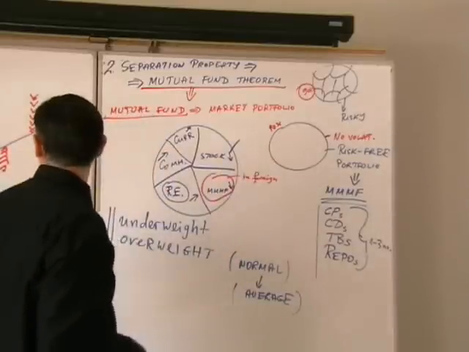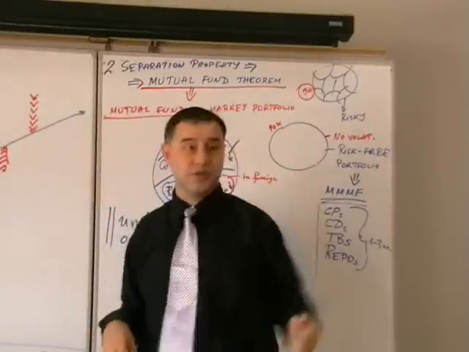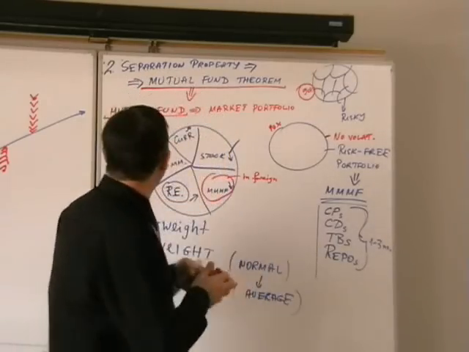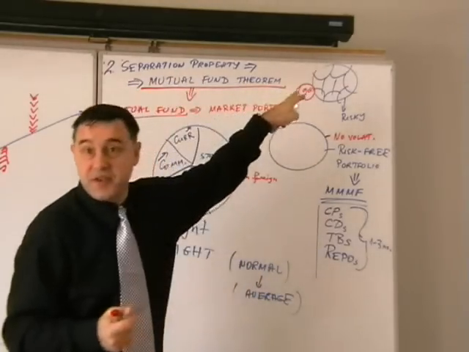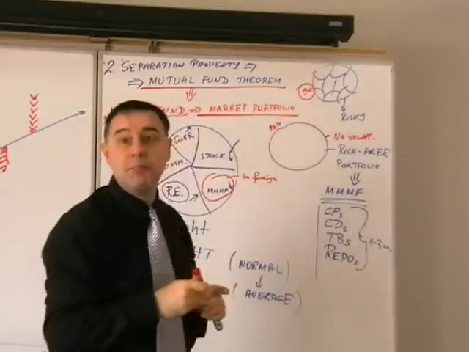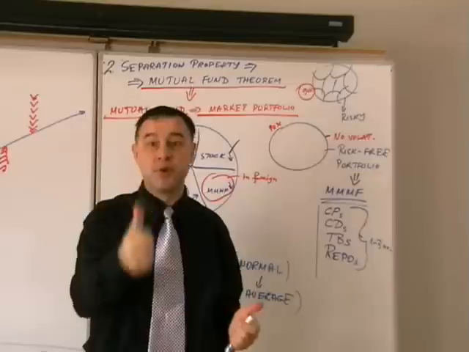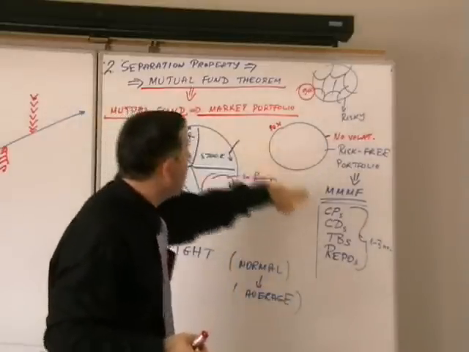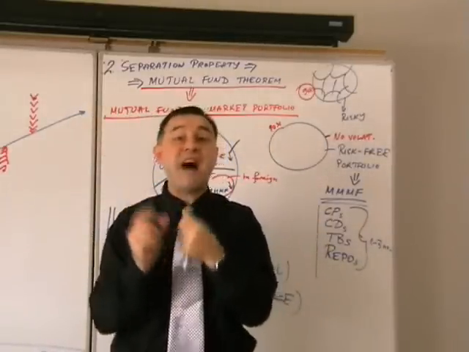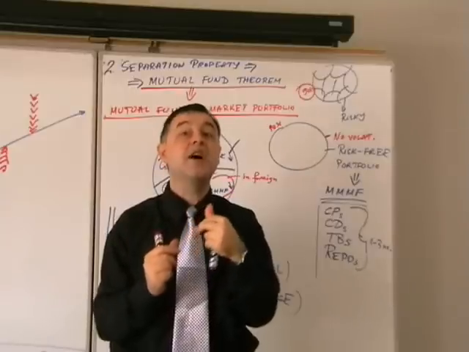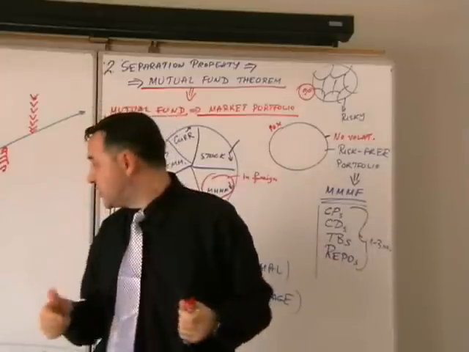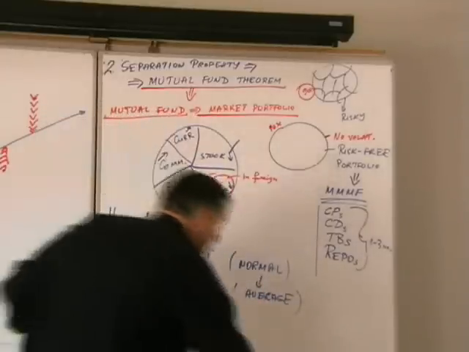So what the capital asset pricing model concludes is very simple. Everyone will be holding, based on the mutual fund theorem, the market portfolio, number one, and will be holding risk-free assets, and people will simply fine-tune or choose the weighting according to them. That's number one. Number two is, and let me try to draw this here.